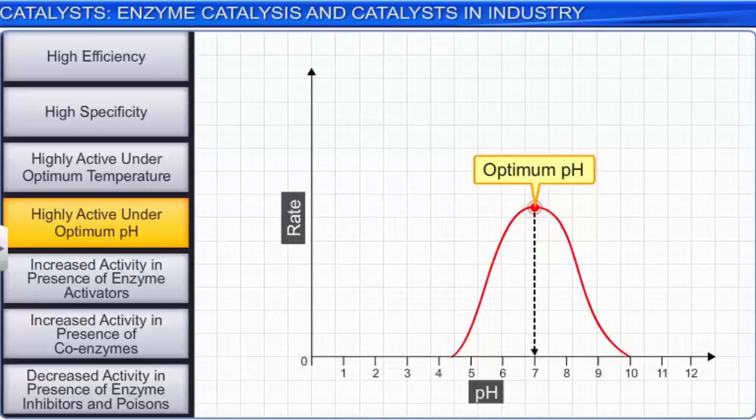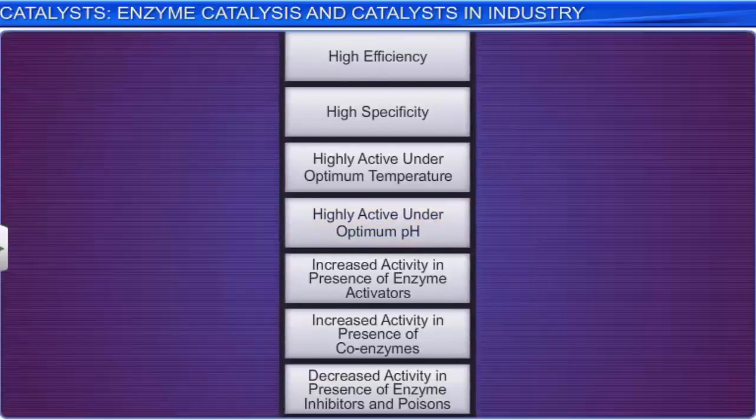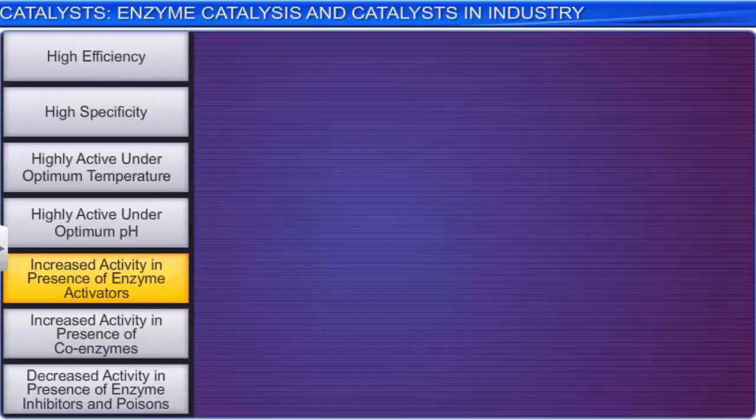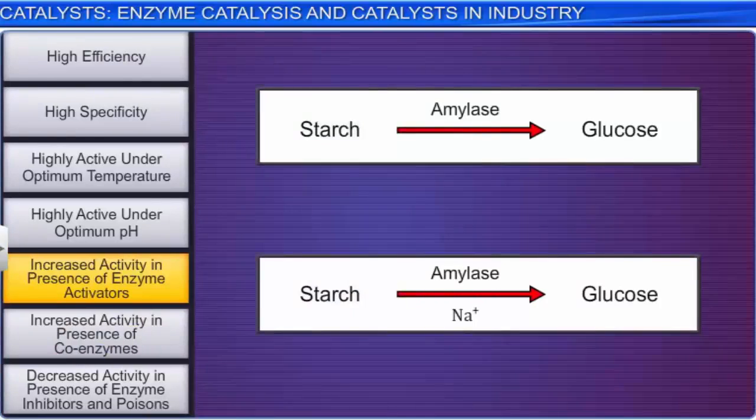An important feature of enzymes is that their activities can be modulated, that is, increased or decreased. Let us now learn about enzyme activators and coenzymes. In the conversion of starch into glucose, the enzyme amylase shows high catalytic activity in the presence of sodium ions provided by sodium chloride.